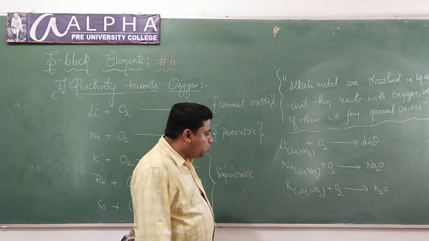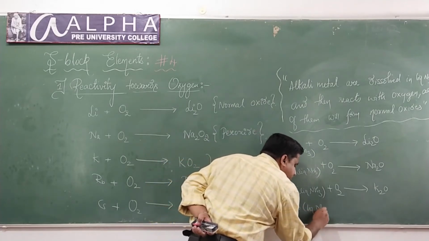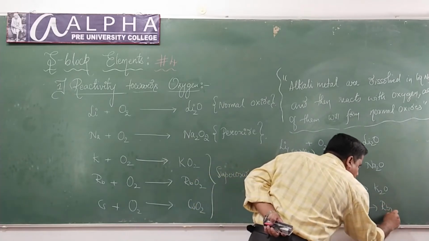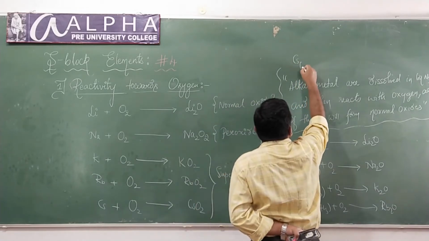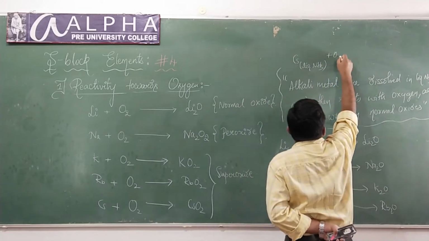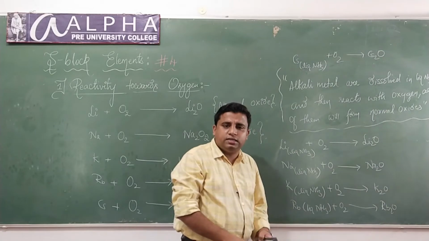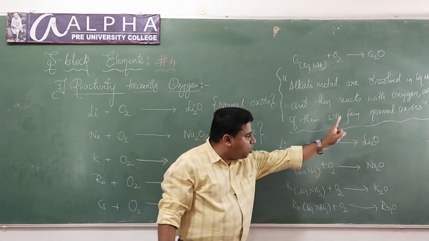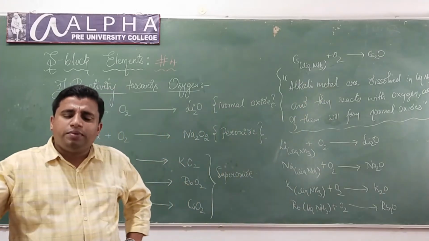Rubidium dissolved in liquid ammonia, it also forms what? Normal oxide. Correct. When cesium dissolved in liquid ammonia reacts with oxygen, this forms normal oxide. So all the alkali metals, when dissolved in liquid ammonia and then react with oxygen, all of them will form the same type of normal oxide.